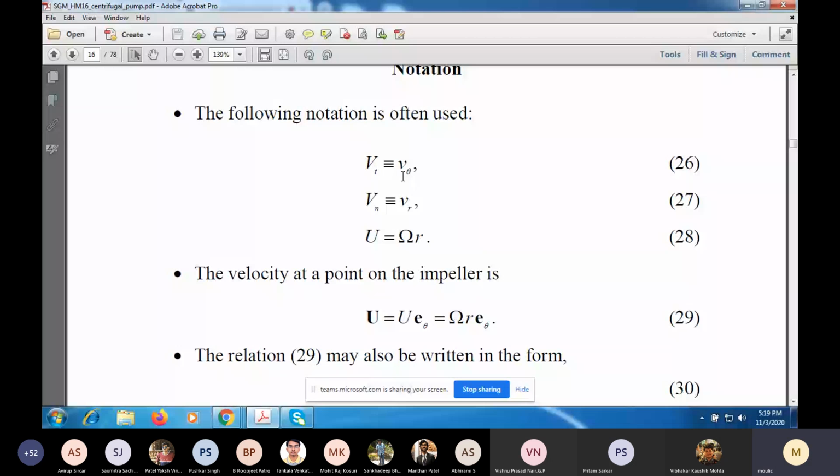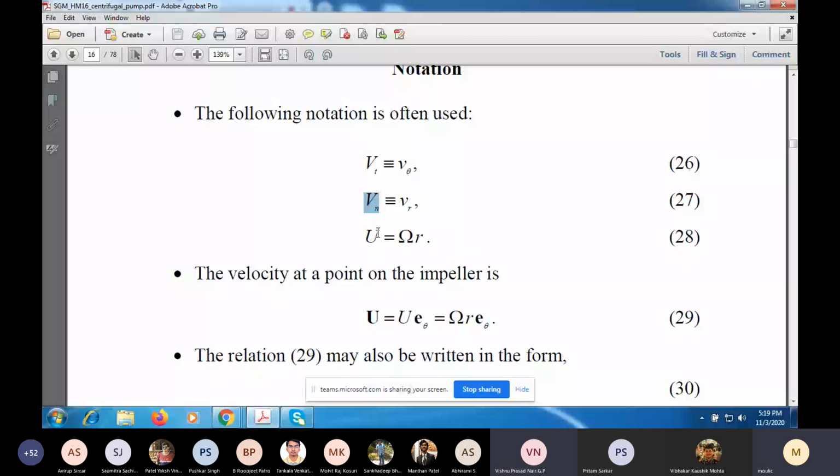So this refers to the tangential velocity component or the swirl velocity component. And instead of using small v with the subscript r, they use capital V with the subscript n for normal direction. So this is the component of the velocity normal to the circular surfaces.